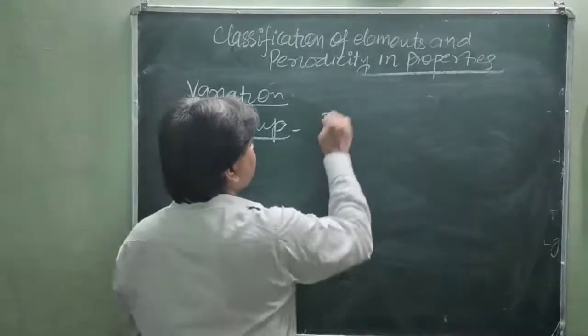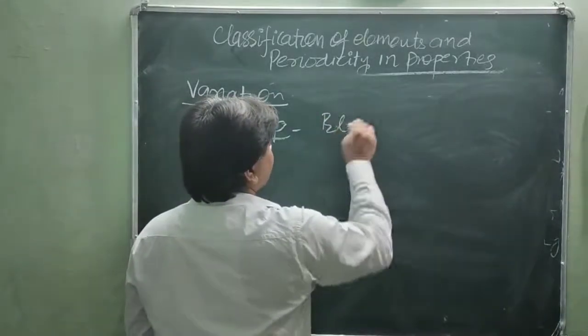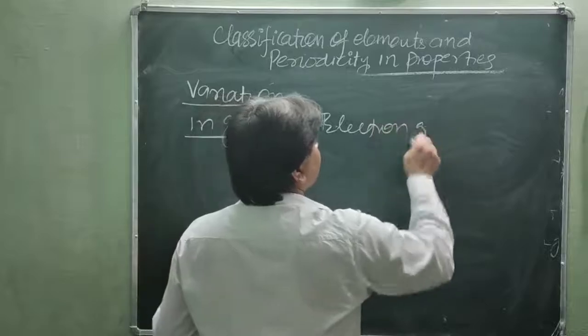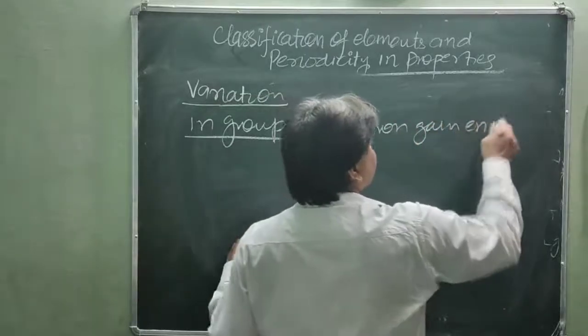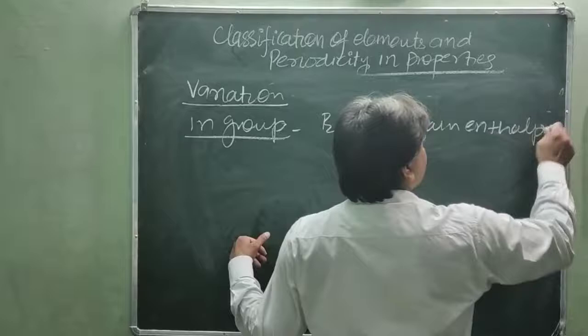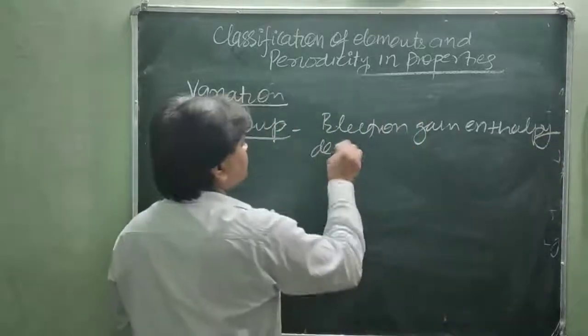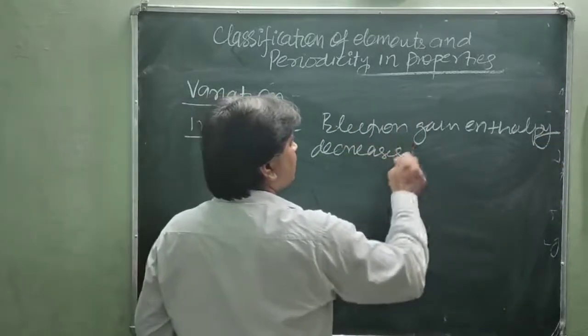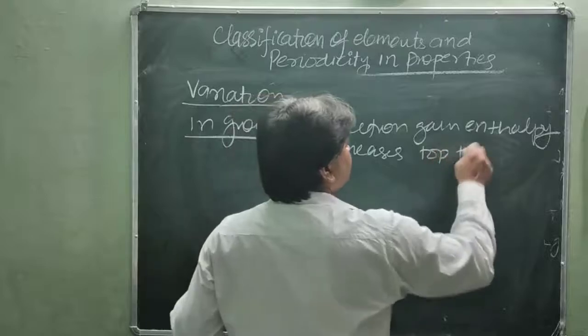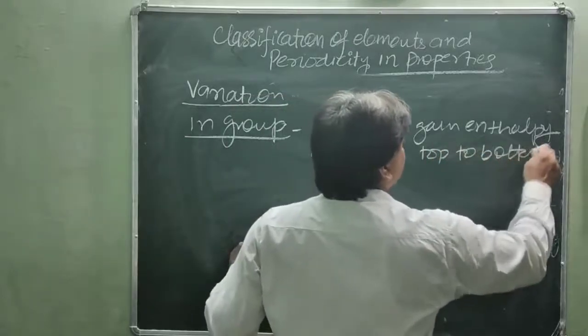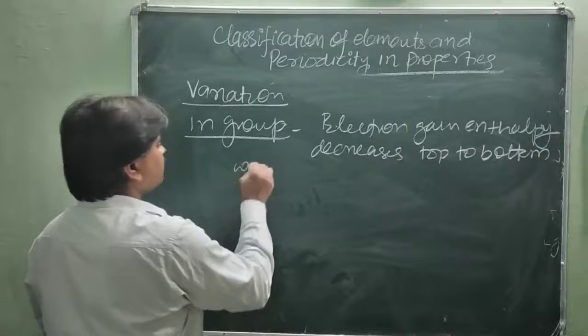Electron gain enthalpy decreases from top to bottom within the group.